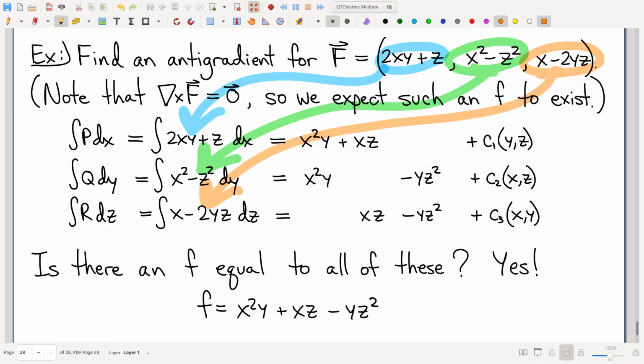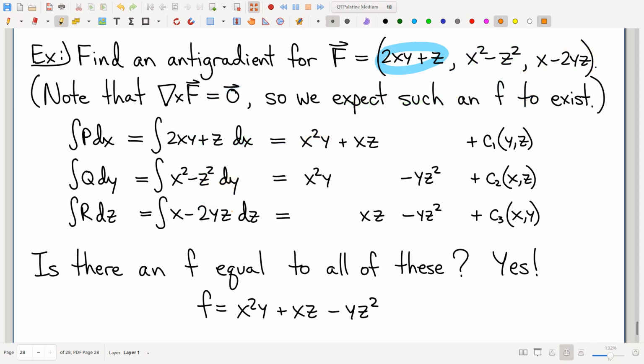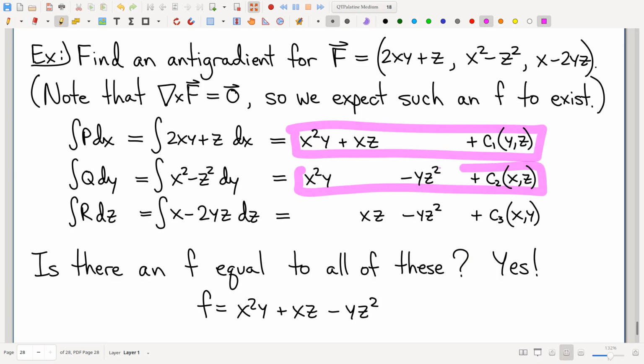Y'all can do those antiderivatives, I'm sure. And here's the thing. Don't forget your integration constants, right? Partial constants. And per the previous page, what we're looking for is a way that we can view all 3 of these things as being the same thing.